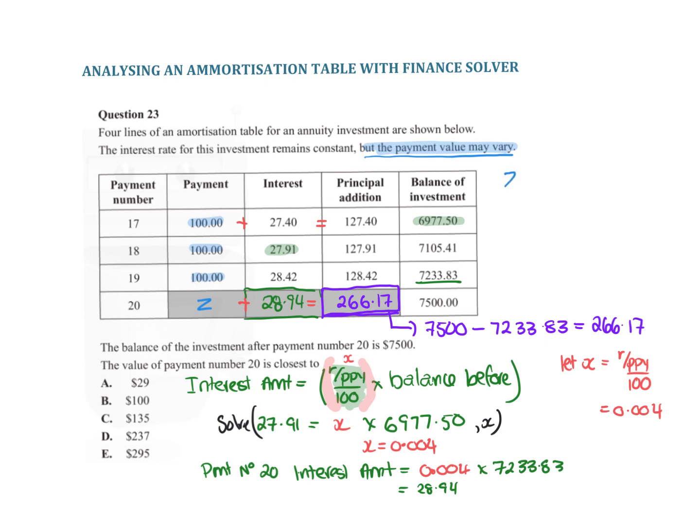So you can chuck it in solve, or pretty much the payment minus that interest will give you how much that principal addition minus the interest will tell you how much the payment was, and the payment ends up being 237. So it is a lot different to 100.